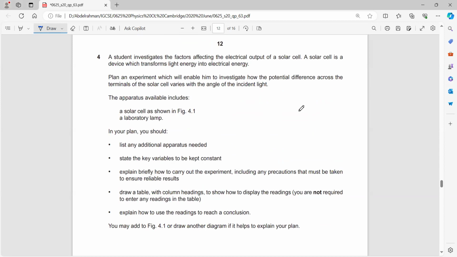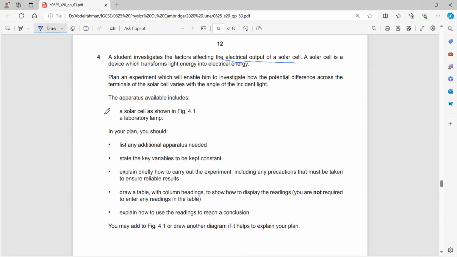Planning investigation: plan an experiment which will enable him to investigate. A student investigates the factors affecting the electrical output of a solar cell, the device for solar energy, which we know. Plan an experiment to investigate how the potential difference across the terminals of the solar cell varies with the angle of incident light.